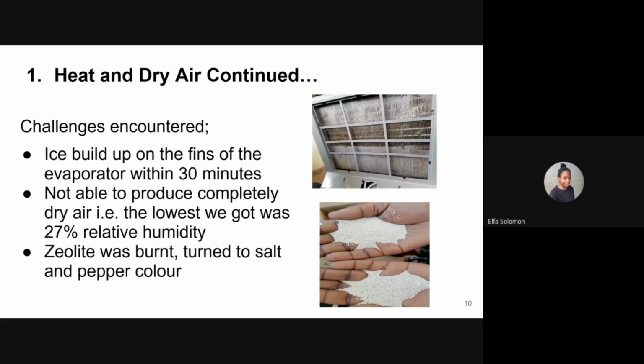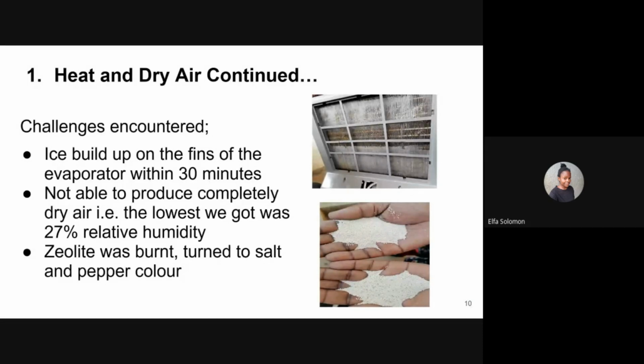In this kind of approach, we had a couple of challenges, of which one of them was the ice buildup on the fins of the evaporator within 30 minutes into the experiment. This was due to lack of a control mechanism to prevent condensation or ice buildup on the fins of the air conditioner we were using.